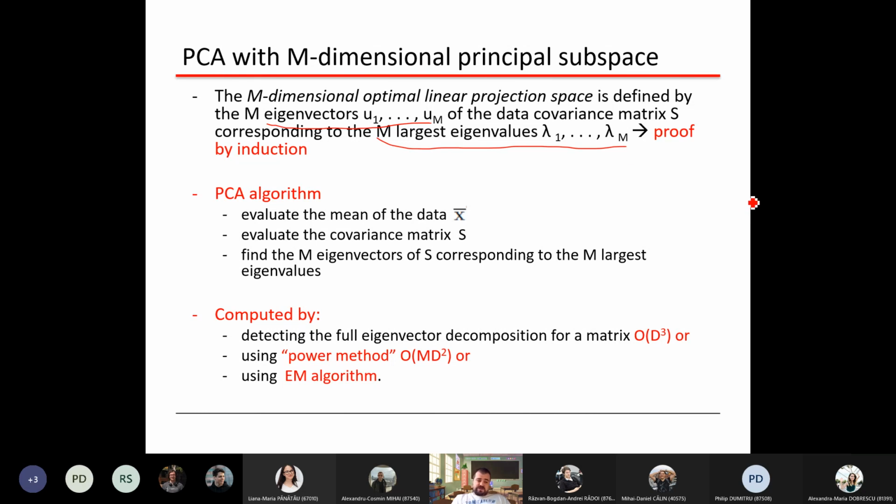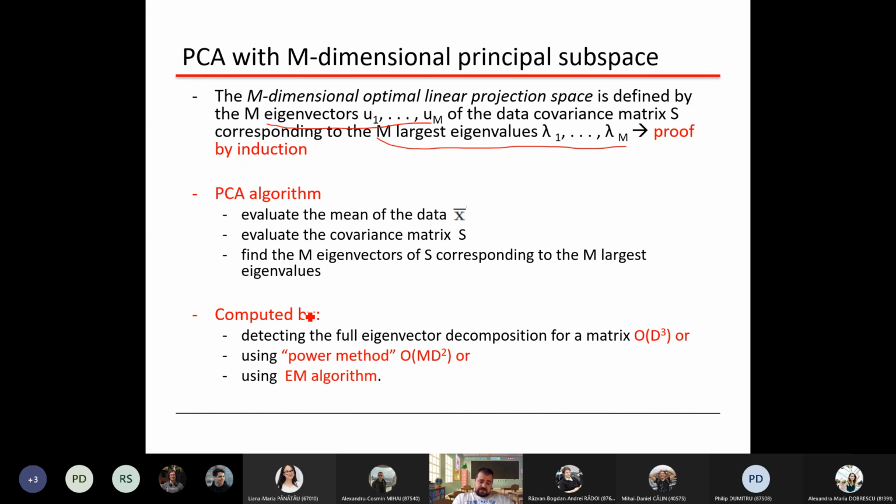The proof is done by induction. You start with only one dimension and then prove that if you have a space with n eigenvectors, the next eigenvector that you add will be the one that maximizes what is left of the data.